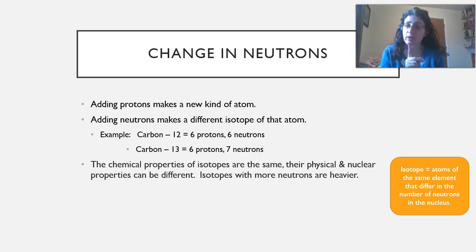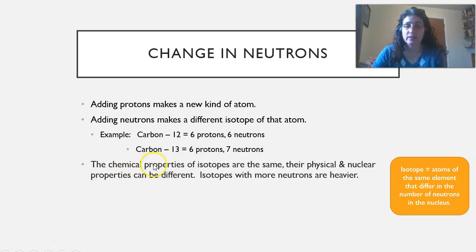Remember, if it has a different number of protons, it's a different element. But if it has 12 protons and 6 neutrons or 7 neutrons, it's still the same atom or element. It just has a different count. So those are called isotopes.